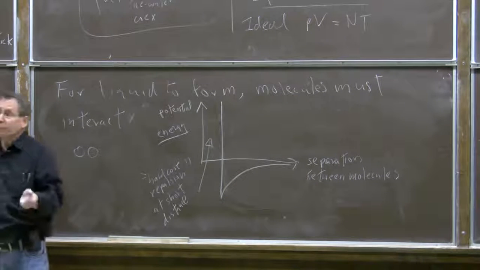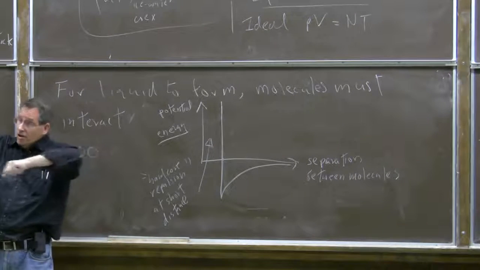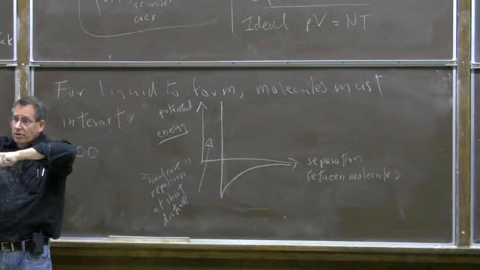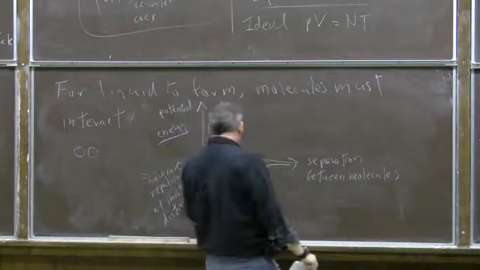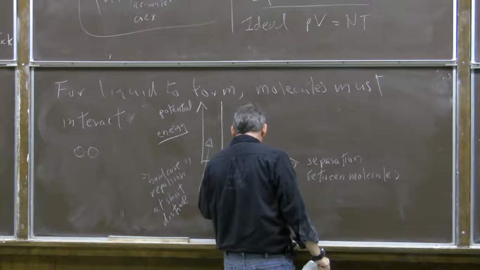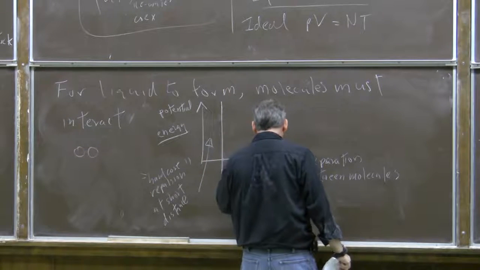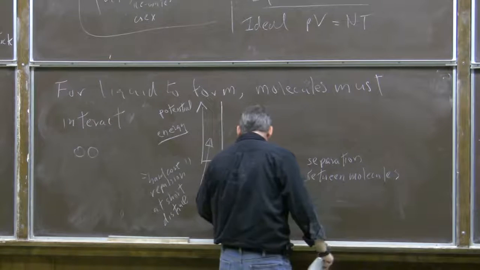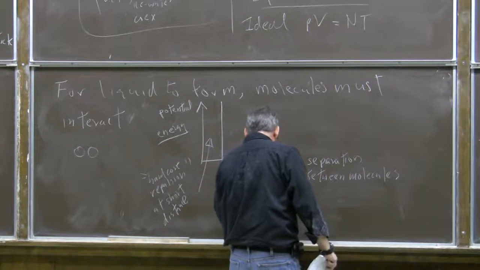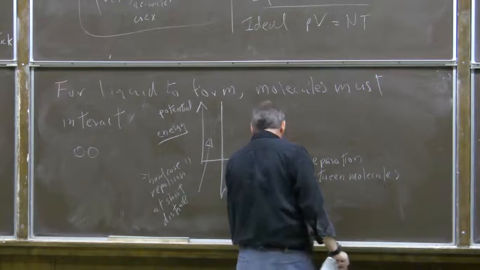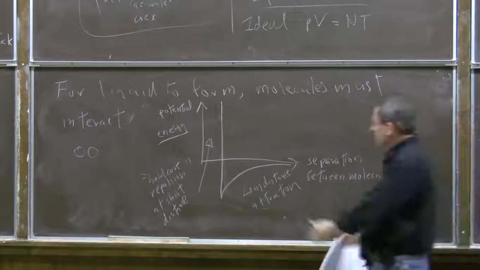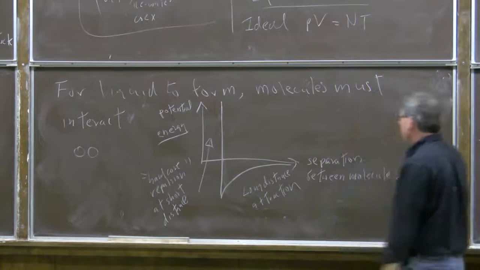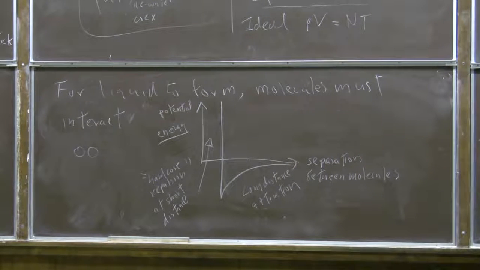But if we want a liquid to form, we'll have to have some kind of long distance attraction, which will make the molecules want to come together in clumps. And that's what this is. A long distance attraction between distantly separated molecules. There's a potential energy which is negative and has a positive slope, so that corresponds to a force that wants to bring them together.